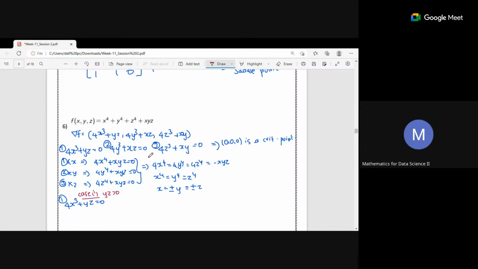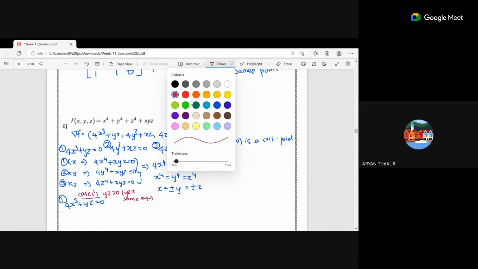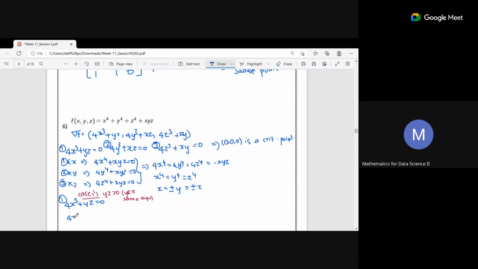Okay. So in that case, what happens? x will be negative. 4x cube plus x squared is equal to 0. So if I take x squared commonly, what do you get? 4x plus 1 is equal to 0, which gives you x is 0 or x is equal to minus 1 by 4. Correct? Okay?